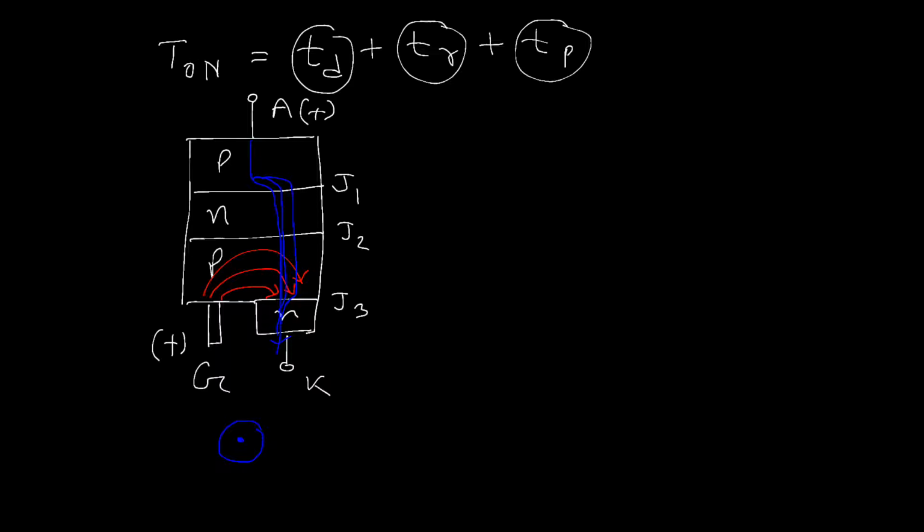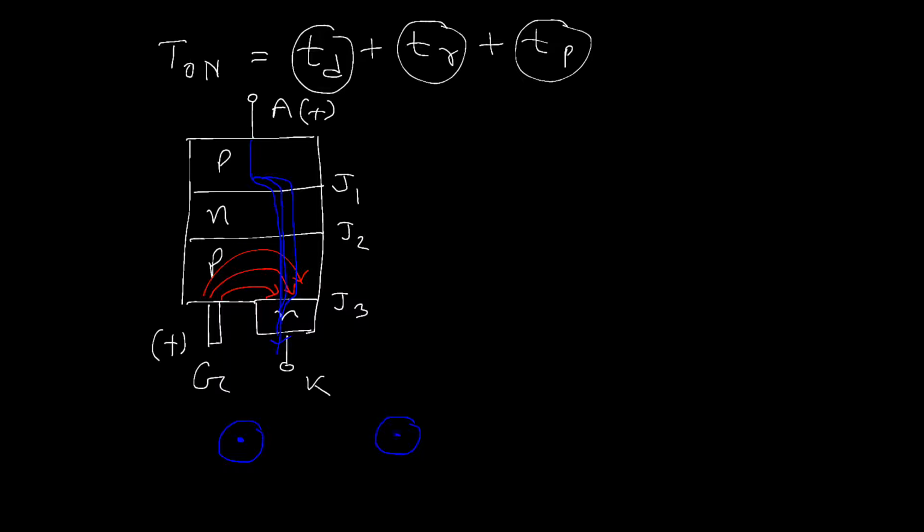Now the question is Tr or rise time. In this case, the anode current starts spreading from the narrow conduction region near gate, but this time it is not able to spread over the entire cross section of the cathode. That means in this particular case, the anode current starts spreading in a similar manner.